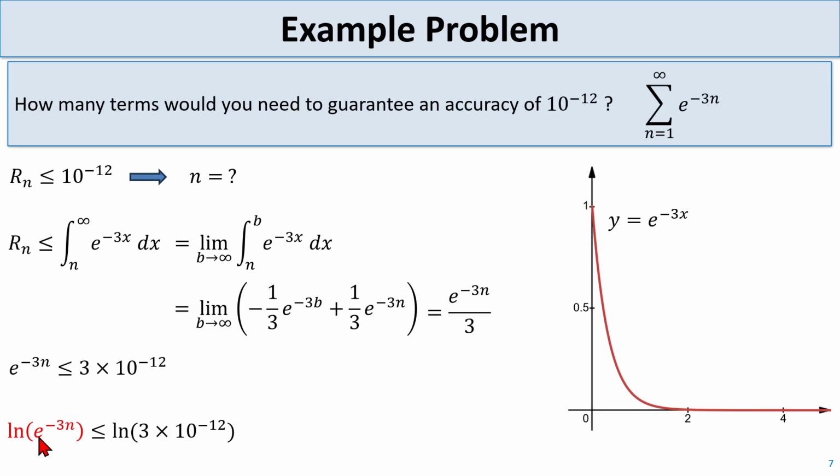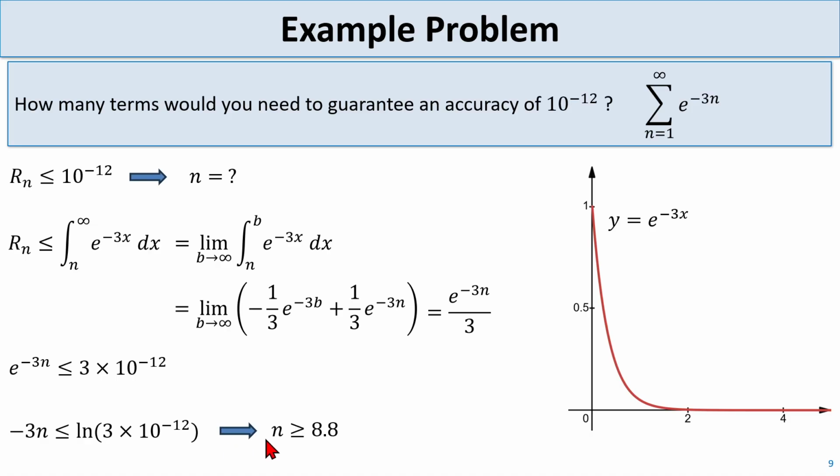The natural log and the exponential function are inverse functions. And so they're going to cancel each other, and we'll just get the negative 3n on the left side. Now I would just divide by negative 3 and use a calculator to figure out the corresponding value of n.